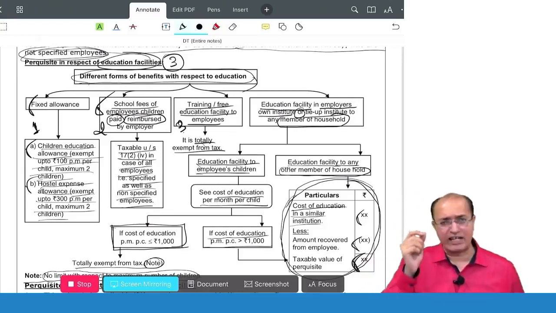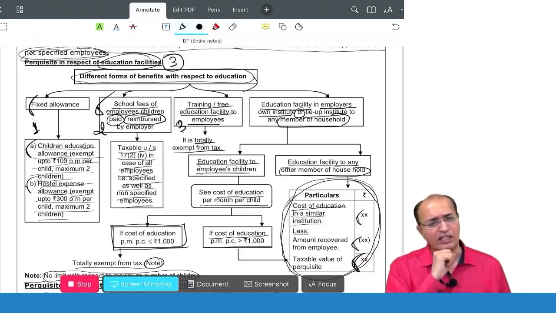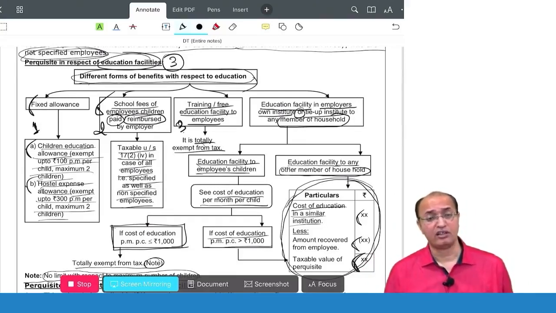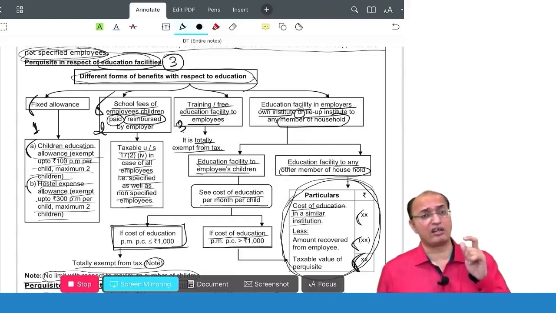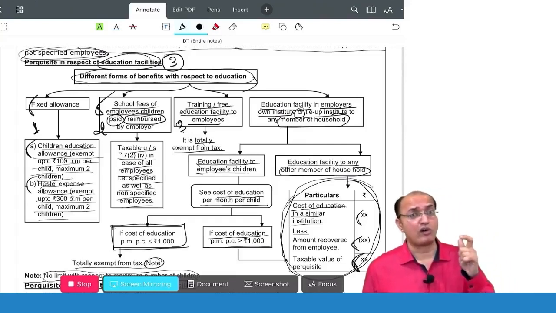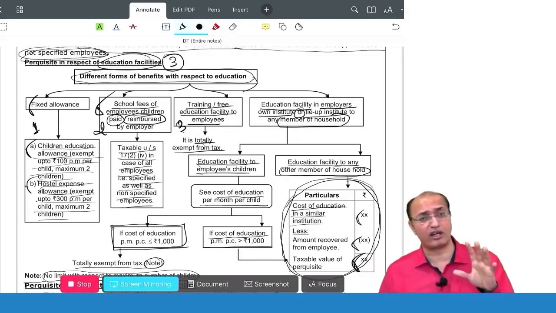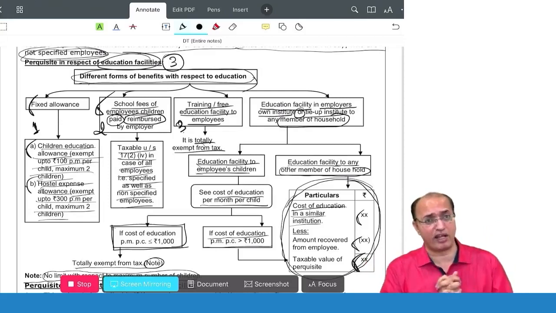But I want to highlight a very important point here. If you recollect, in free meal and refreshment, we used to see cost per meal. If the cost per meal was less than or equal to 50, then it was totally exempted from tax.